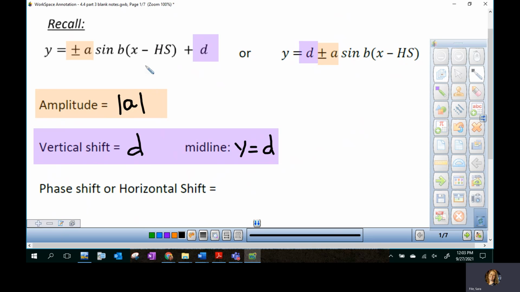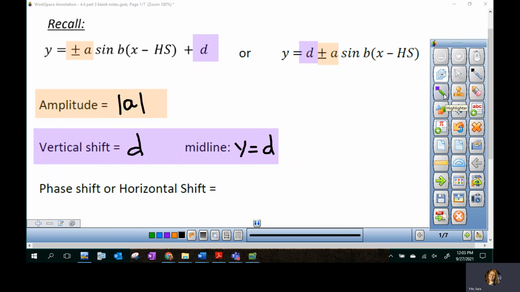That's a very common mistake. So to prevent that, when I'm writing equations, I put the d at the beginning. So there's no interpreting that as part of what you're taking sine or cosine of. You can write the d at the end or at the beginning.